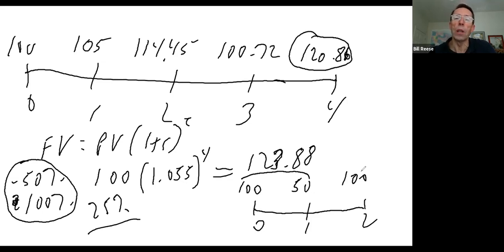So what we're going to do instead is look at the geometric mean. And so how do we calculate the geometric mean? Well, let me first of all clear this off a little bit. With the geometric mean, we're going to add 1 to each of the returns. So the first year's return was 5%, add 1 to it, it's 1.05.